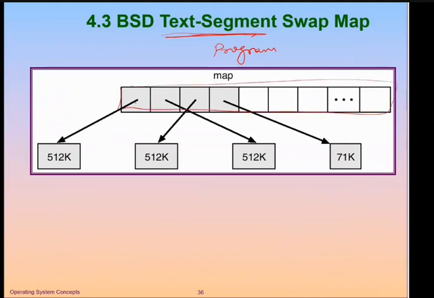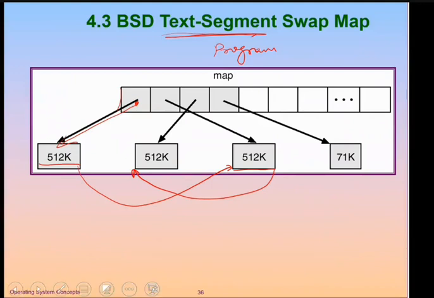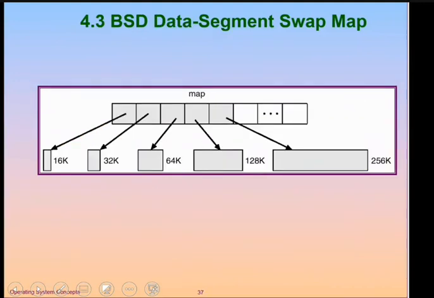Each location will store the pointer to the program which is stored on the disk. So these are a few instructions; after that this has to be run, after that this has to be run, and so on. This is the text segment swap map, and there is another swap map for the data segment.